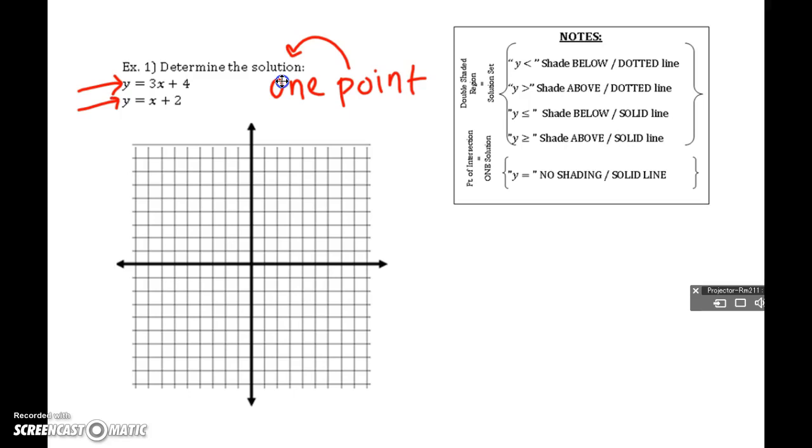If I look at my first equation, I know that plus 4 is my y-intercept, so I make a dot right on the positive 4 on the y-axis.